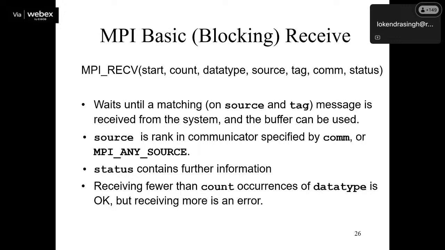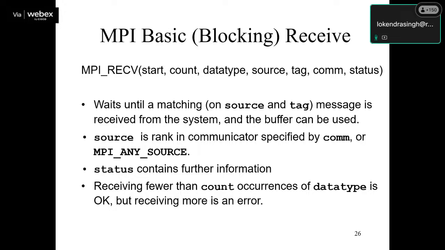That is the syntax for the MPI basic blocking receive. When you want to receive an MPI message, you have to add in your routine start, count, data type, source, tag, comm, status. So all things are common.